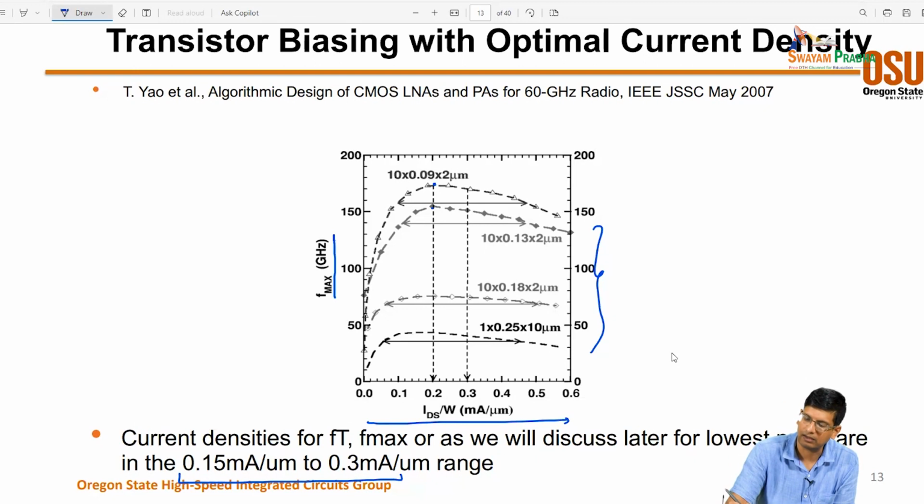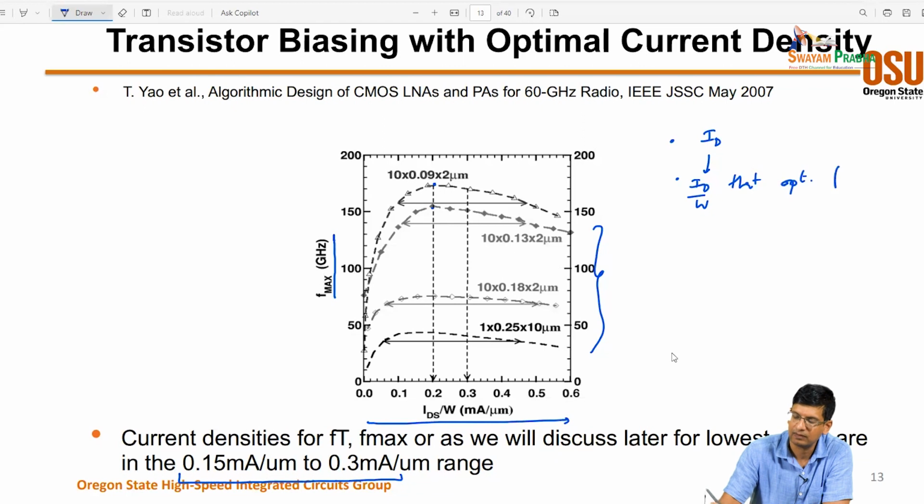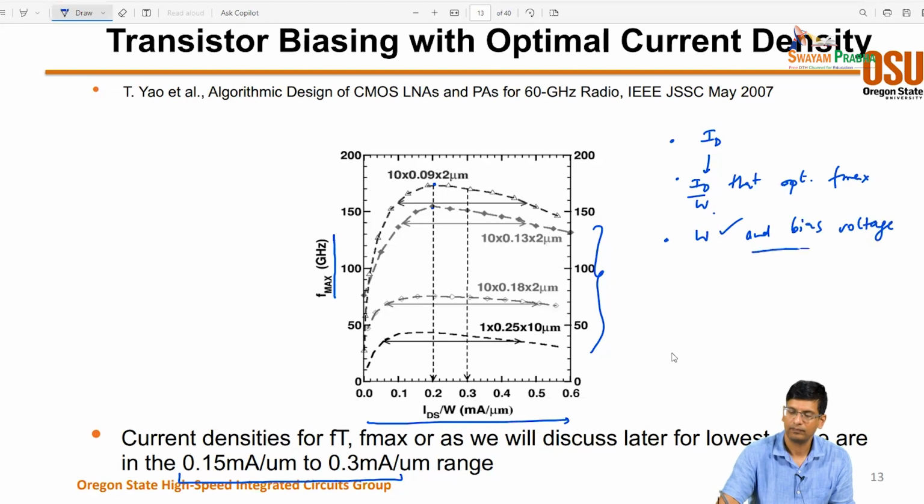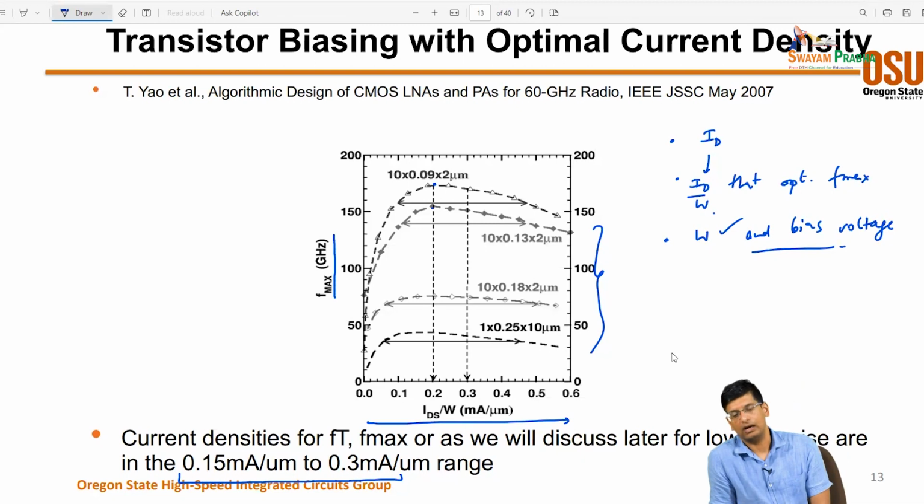Then effectively the transistor design process would be that if you know what ID you need, you know that there is an ID over W that optimizes Fmax. So you use that ID over W, that current density, to determine the W and bias voltage. You can run these simulations for your technology of choice.